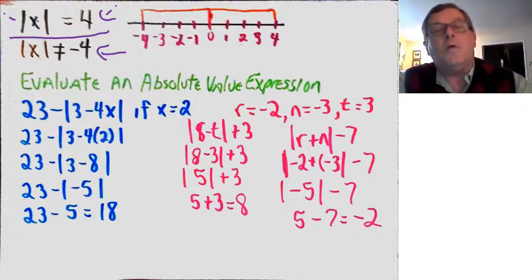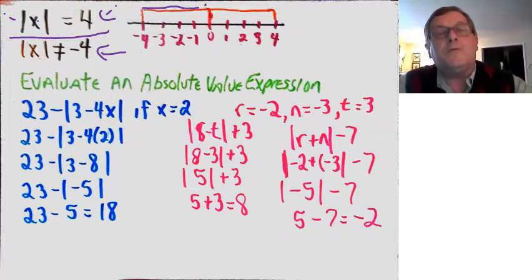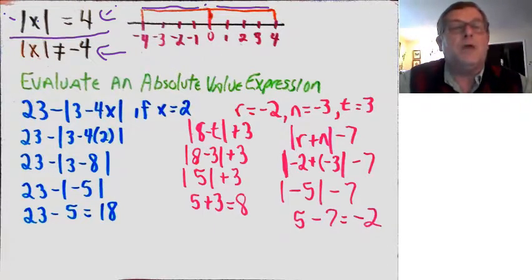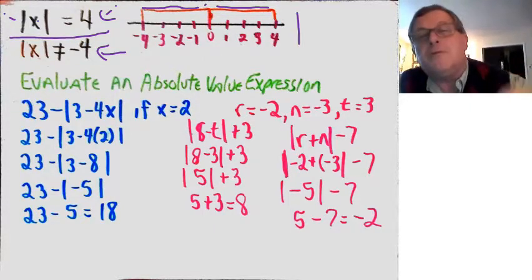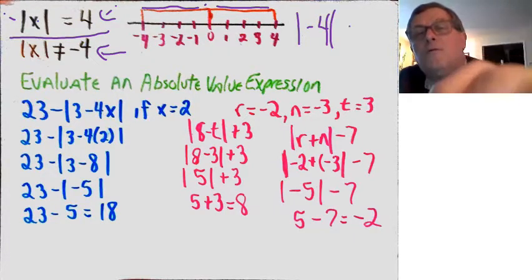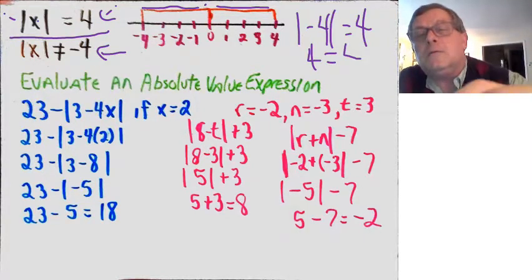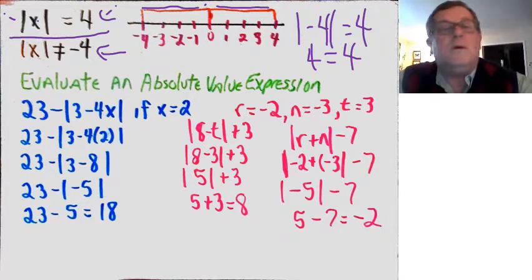It can be 4 here in the negative direction, and it can be 4 over here in the positive direction. So inside the absolute value symbols, x could equal 4 or negative 4, because when it comes outside the symbols, it's going to equal 4.